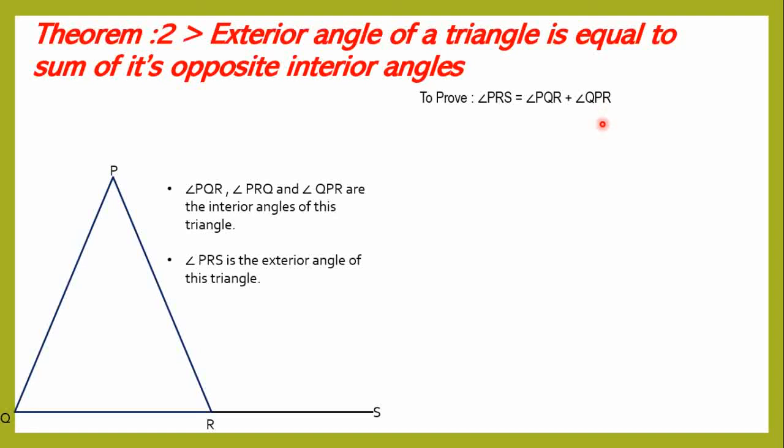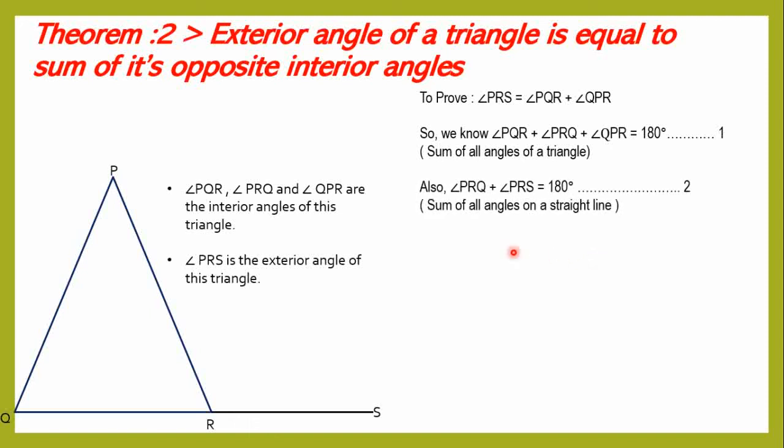To prove this, we already know that angle PQR plus angle PRQ plus angle QPR is equal to 180 degrees, because we already proved in the previous theorem that the sum of all angles of a triangle is equal to 180 degrees. So we call this equation number 1.